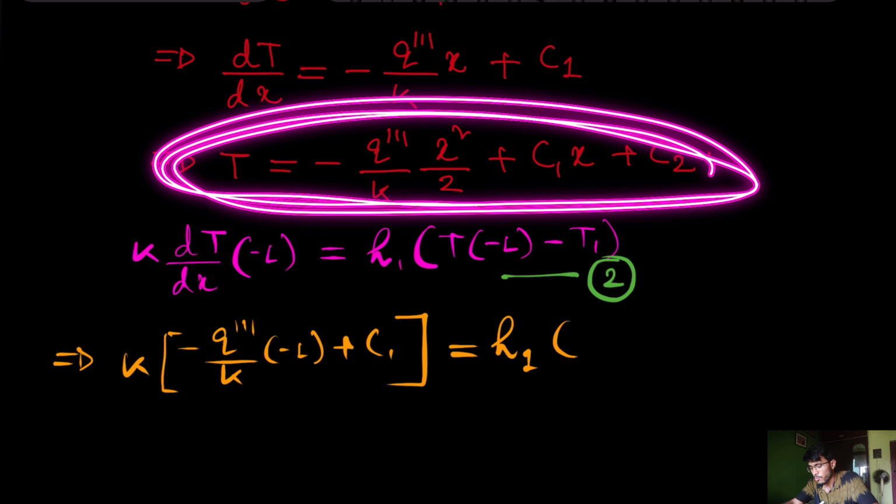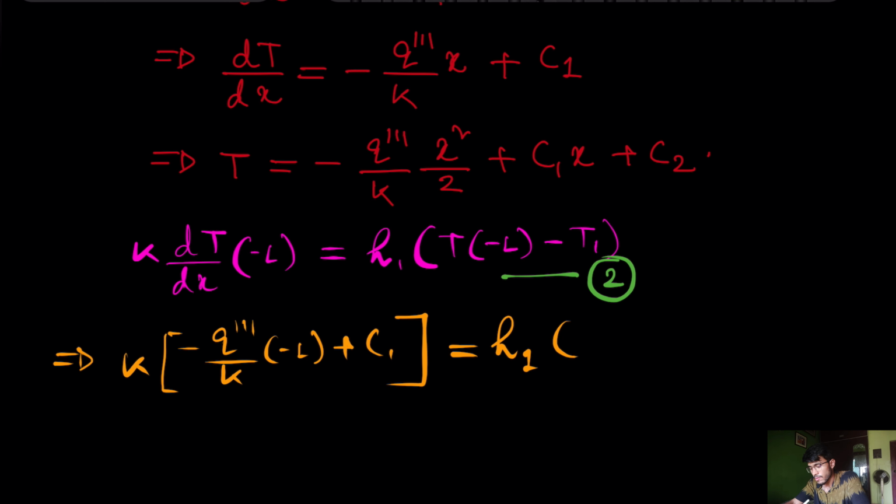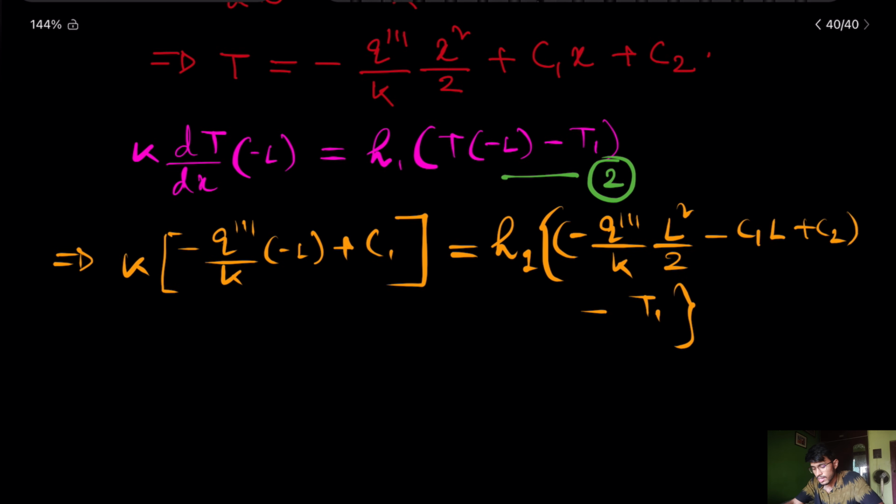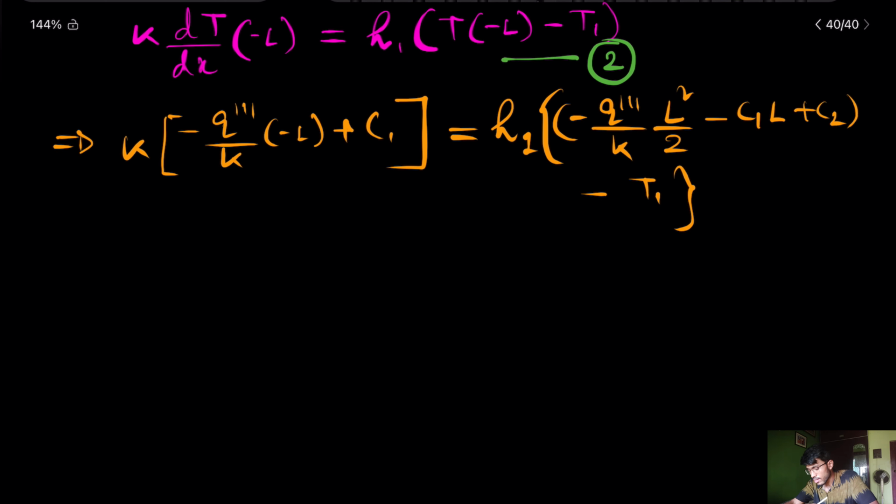In this equation you put x equal to minus L, so then we will get minus q triple prime by k into L square by 2 minus c1L plus c2, and minus T1. So this will be the final equation.